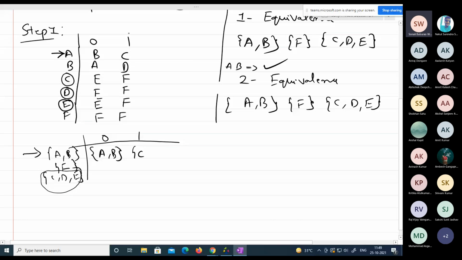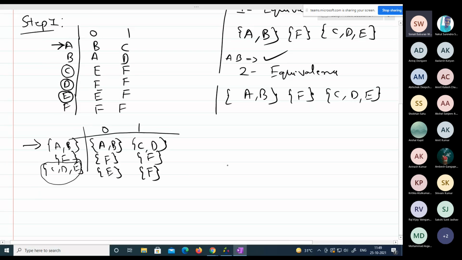A on 0 is giving B. A on 1 is similarly giving D, and B on 1 is giving D. Now F, we know that it is already FF.